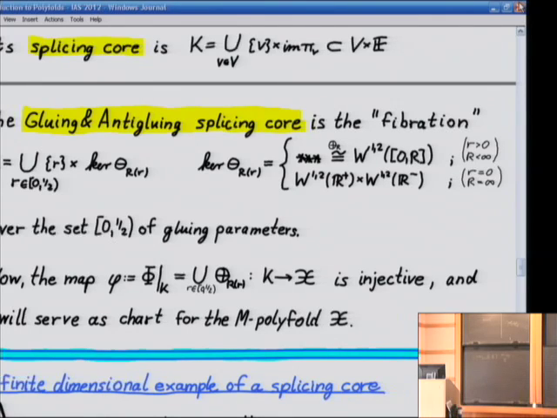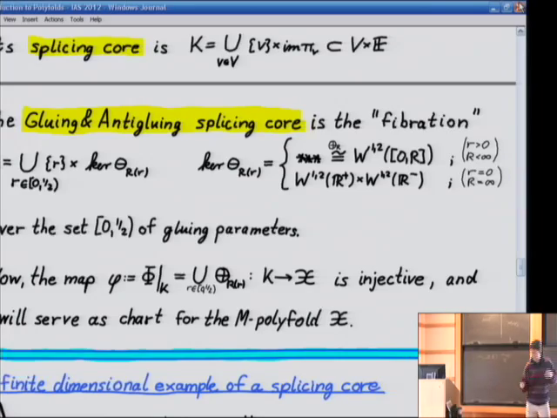And that's exactly the data that we need for our chart. So if I restrict my plus gluing to the splicing core here, I actually get an injective, surjective map. So that will be my chart. So splicing cores are your chart.